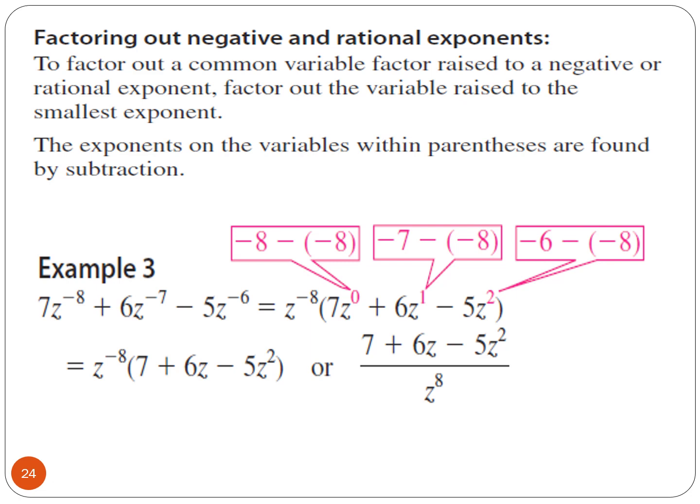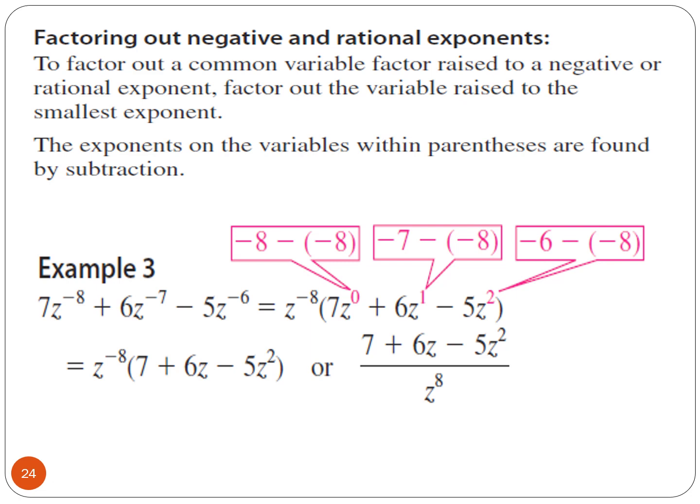This is the common factor, and it is multiplied by the remaining terms. When you factor z to the minus 8 from 7z to the minus 8, the power that's left is minus 8 minus minus 8, so it's 0. So your first term is just 7 times z to the 0, or just 7.